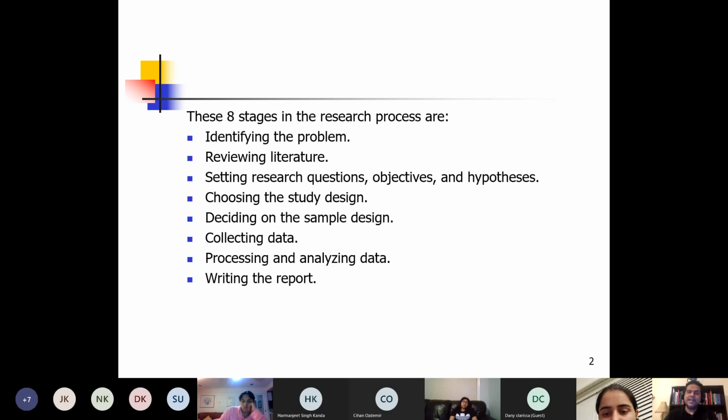So if you just go ahead and do your research without a literature review, you can actually repeat what other people have done before you. And in this case, your research will add zero knowledge to the human knowledge. Okay? A good research is the research that is adding information, that is contributing to the human knowledge.